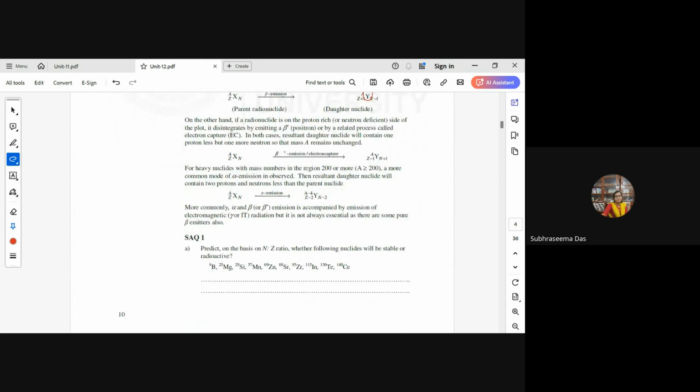That is, if we have a parent radionuclide X with A, Z, and N, and it undergoes alpha emission, then the daughter nuclide Y that is formed reduces A by 4 units, Z by 2 units, and N by 2 units. More commonly, alpha and beta emissions are accompanied by emission of electromagnetic radiation, but it is not always essential, as there are some pure beta emitters also.